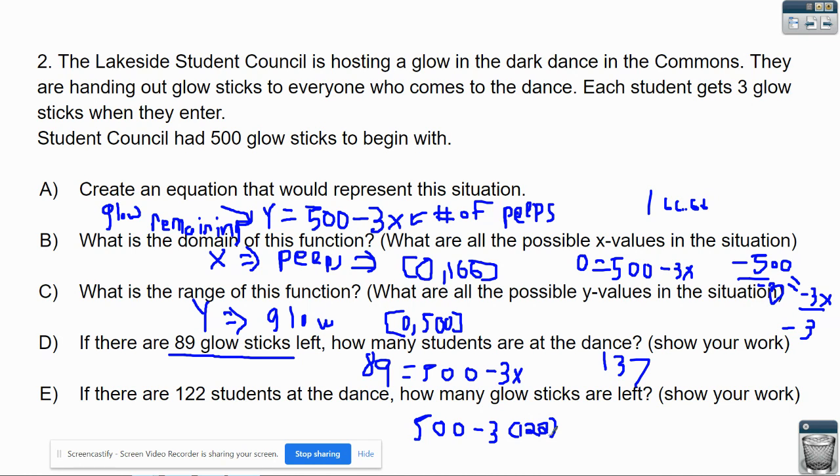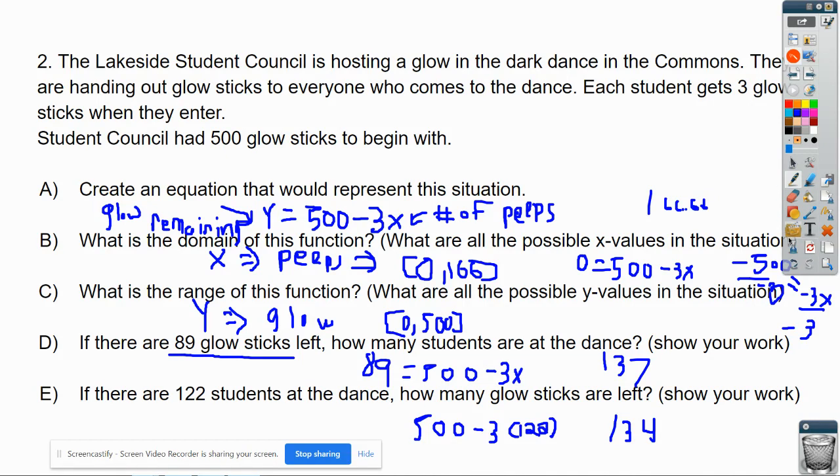I just do 3 times 122, and then I think that's 366. So 500 minus 366, and we're going to get 134. Okay. Now I know there were some working pieces here, but as long as you gave your best effort, and hopefully this made sense. If not, feel free to contact me and we can talk about it. That's how this problem is done.